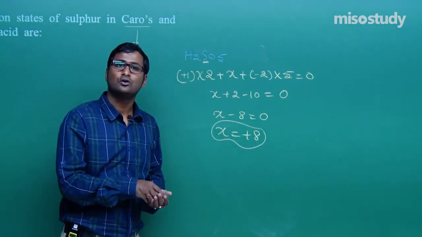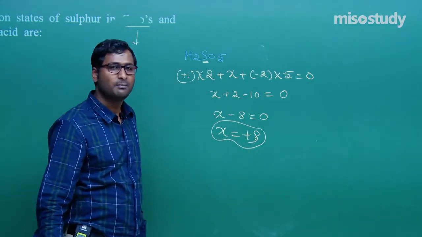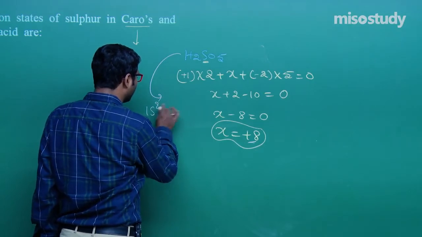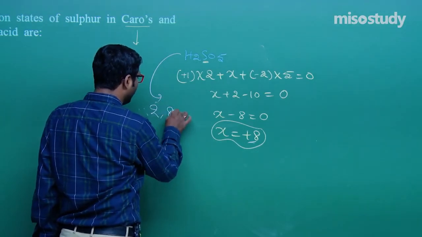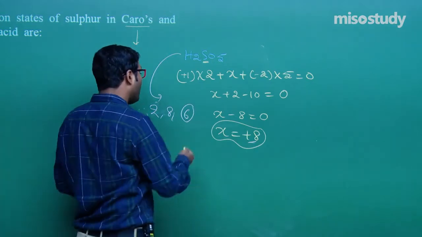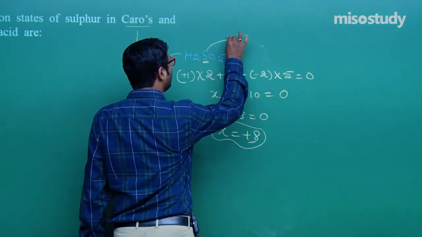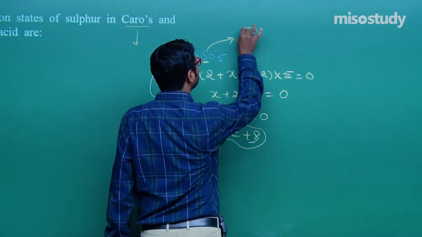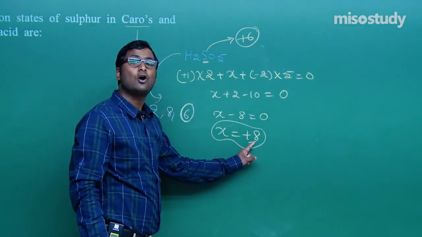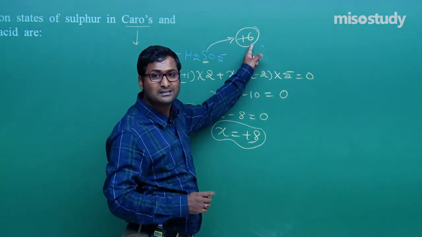Clear friend? Here the oxidation state of sulfur is plus 8, but we know sulfur has only 6 electrons in its outermost orbit. It can lose only a maximum of 6 electrons. So the maximum oxidation state of sulfur is plus 6. That is, plus 8 cannot be possible.